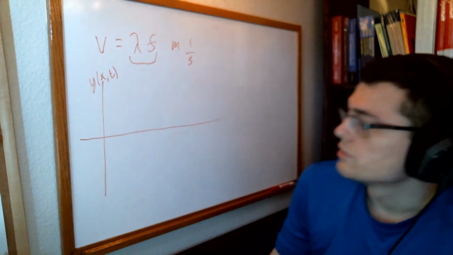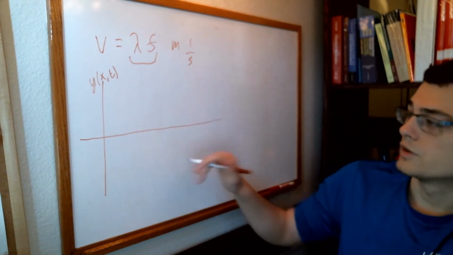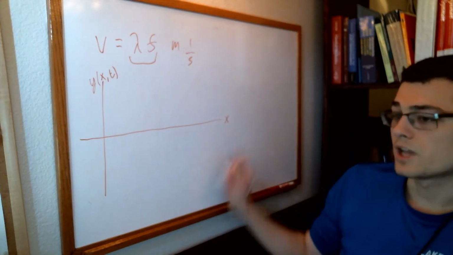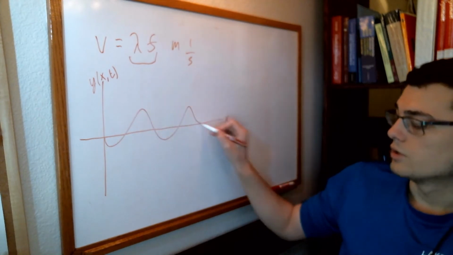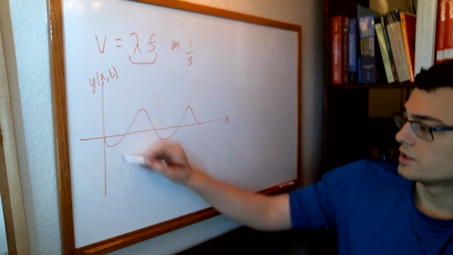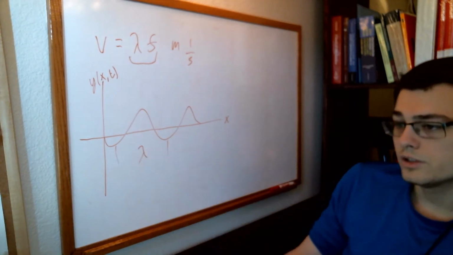So now in this case, for a function of x, when you talk about what this is equal to from peak to peak, or from trough to trough, this is going to be our lambda.